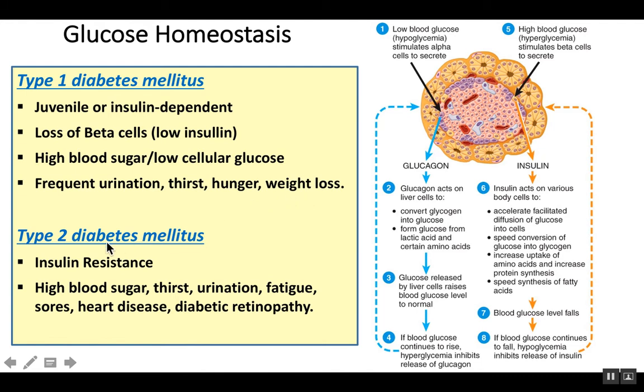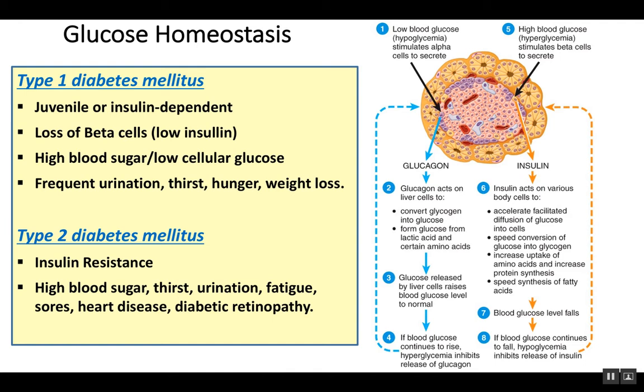Type 2 diabetes is much different than type 1 in that it's usually a later in life onset, and it's known as insulin resistance because the problem is not with the production of insulin. The problem is the target cells. The target cells become resistant to insulin.